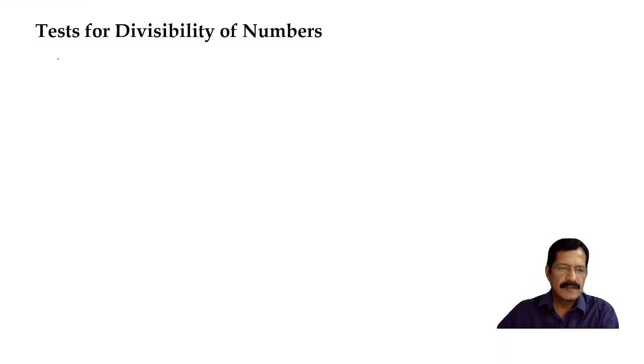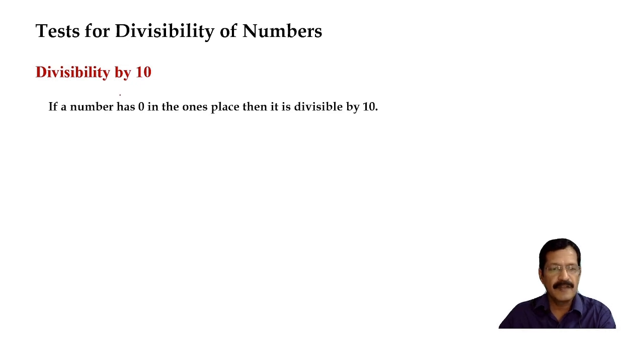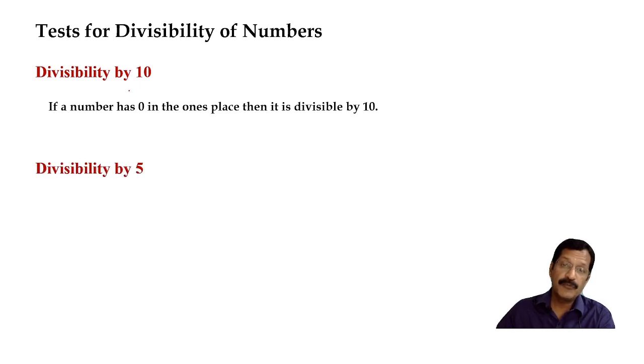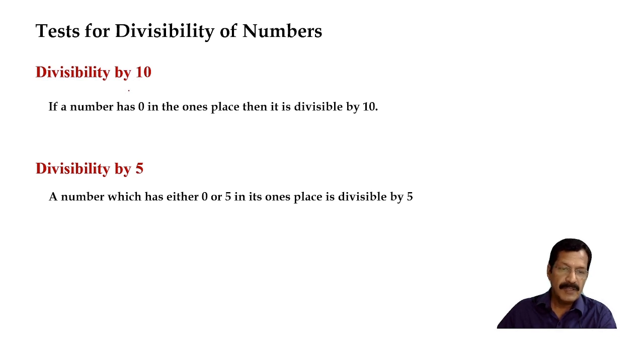Children, let us discuss some tests for divisibility of numbers. Divisibility by 10. If a number has 0 in the ones place, then it is divisible by 10. That is, if a number is ending with 0, then it is divisible by 10. Divisibility by 5. A number which has either 0 or 5 in its ones place is divisible by 5.